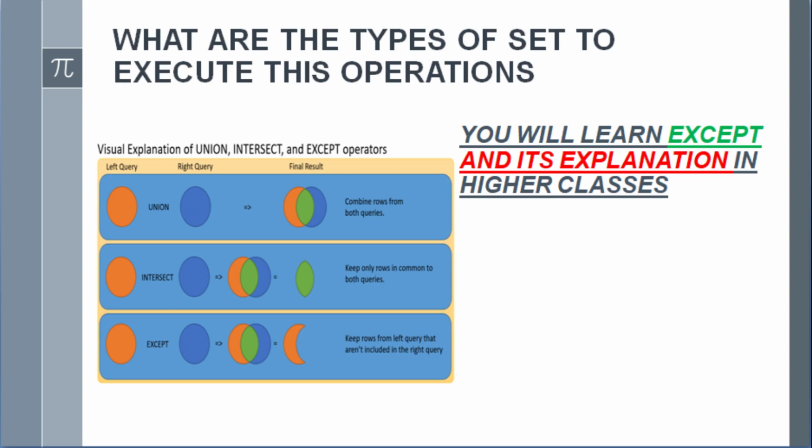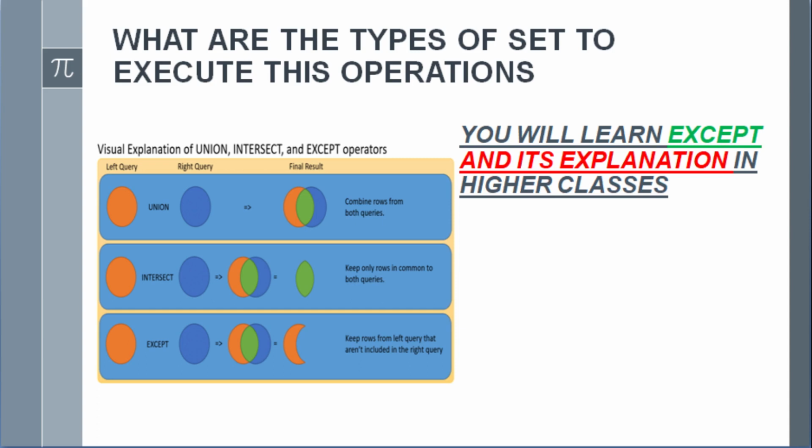Suppose I consider two sets A and B. The members of A are 1, 2, 3, 4, 5 and the members of B are 4, 5, 6. Now what will be our union set? 1, 2, 3, 4, 5, 6. The common members between the two sets are considered only once, not twice, and the other members we just write down. So this is the union set.